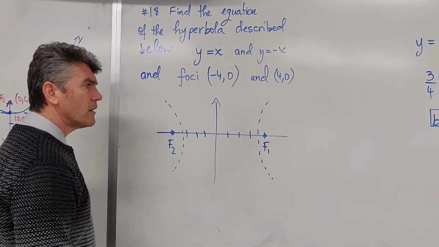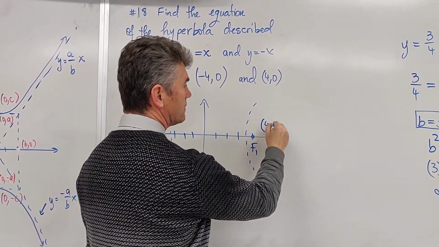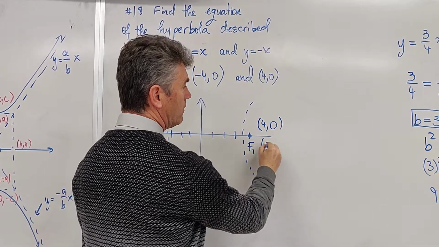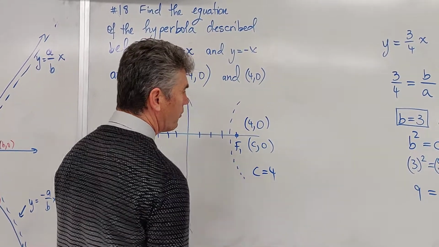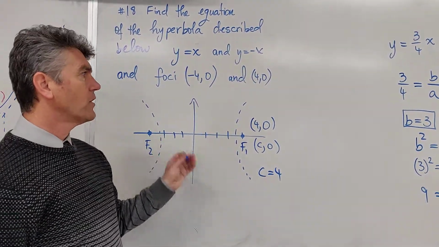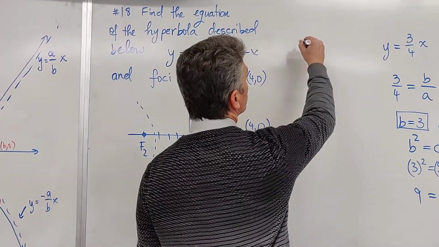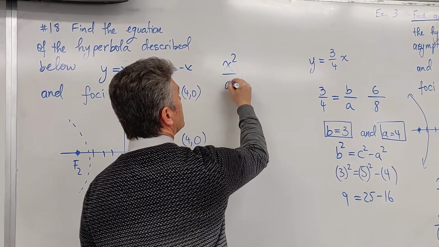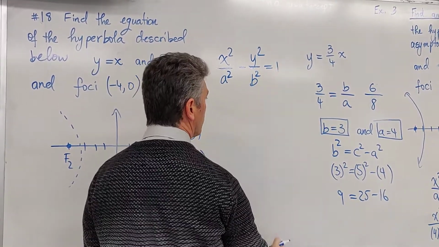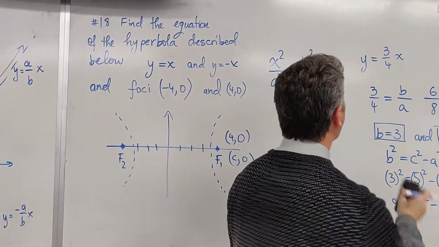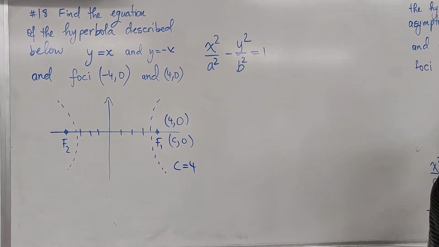Just like last time, there are some clues given to us. First, the focus is (4, 0). The focus has coordinates (c, 0), so c is equal to 4. Second, we know the hyperbola opens left and right, so just like in example 3, the equation will be x squared over a squared minus y squared over b squared is equal to 1. Please don't assume that this is always this equation. It just happened to be so for our examples.